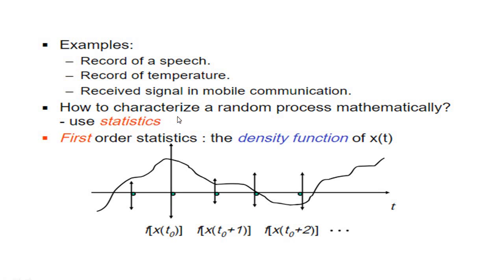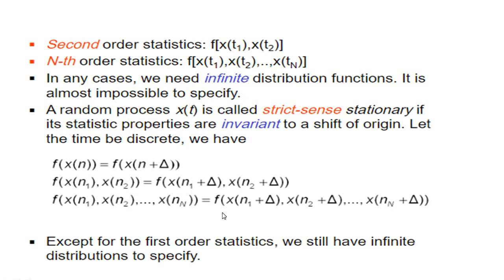Then we see how to characterize the random process mathematically. So we use statistics. First order statistics: the density function of x of t at t equal to t naught, f of x of t naught, at this particular point, f of x of t naught plus 1, f of x of t naught plus 2, and so on.